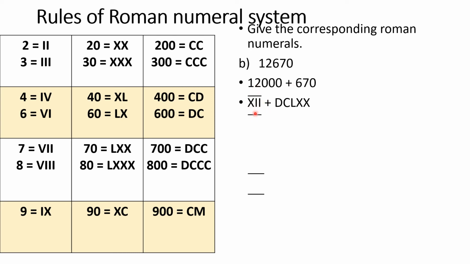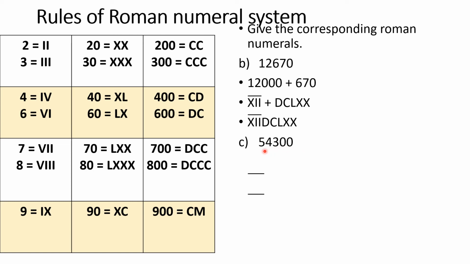XII bar means 12 multiplied by 1000, that is equal to 12,000. And for 670, for 600 it is DC, and for 70 it is LXX. So it is DCLXX. So this is the value: XII bar DCLXX.